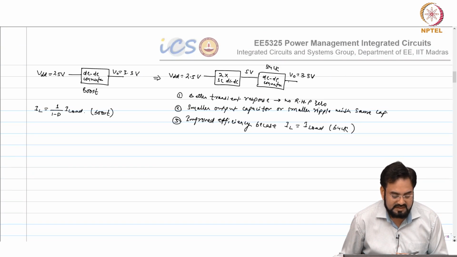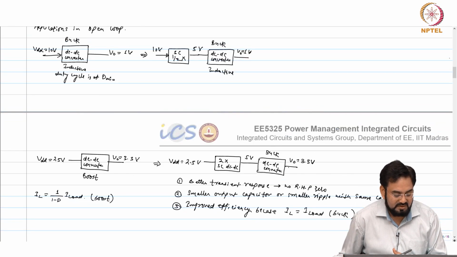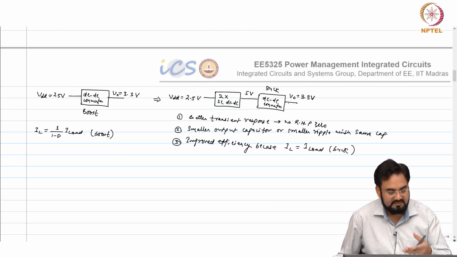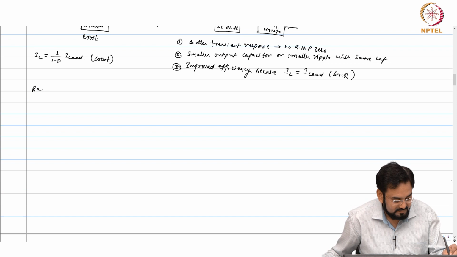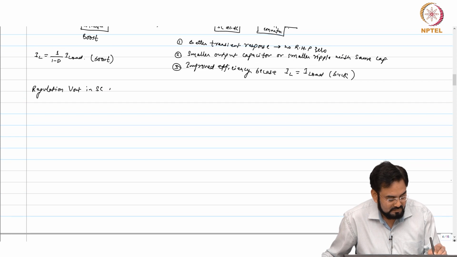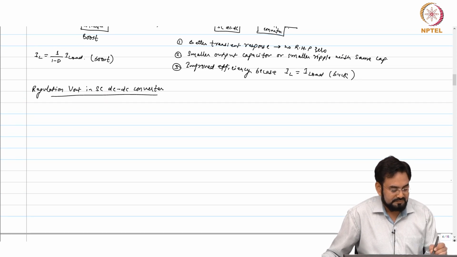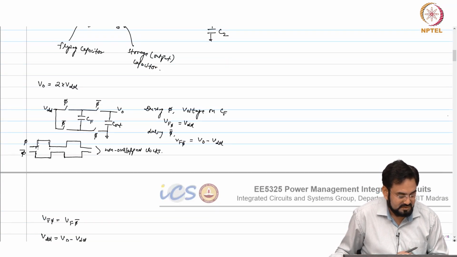Now let us say the application is something different and I want to regulate the output at 1.5x using a 2x DC-DC converter. So this is my, I will just copy this.